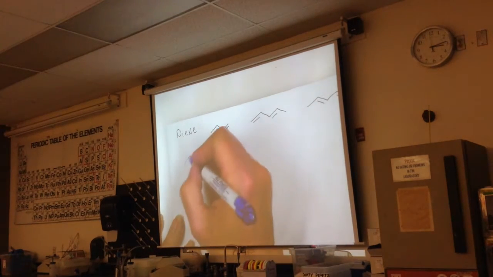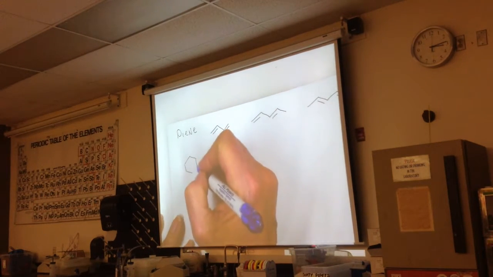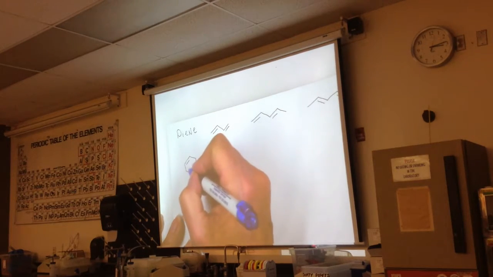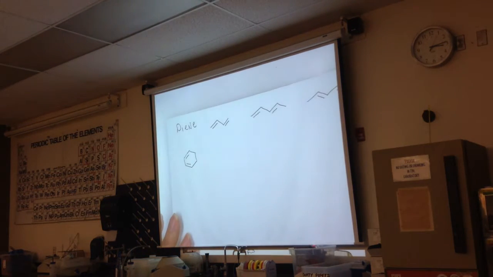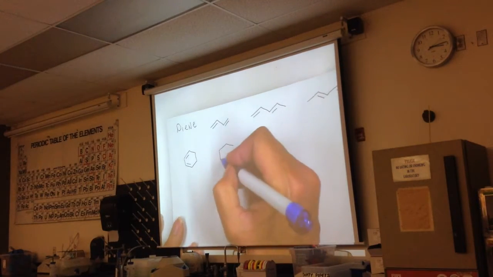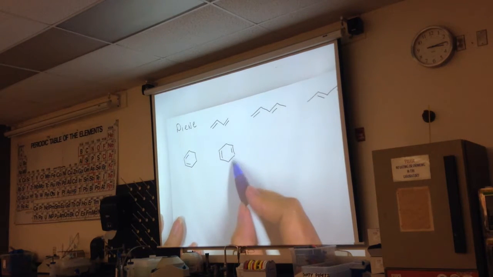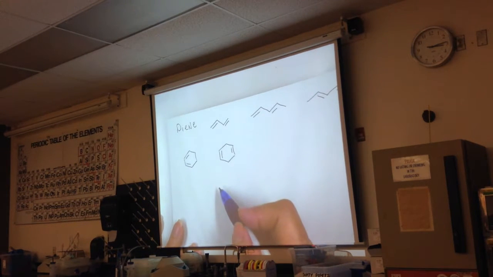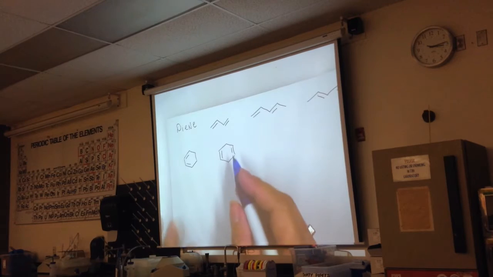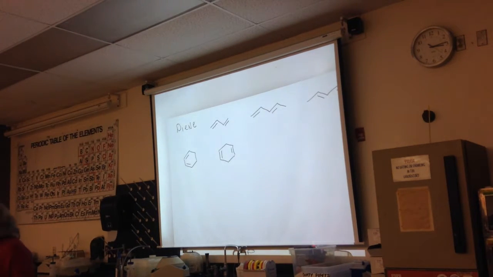If you had it in a ring of 6, you also can have your conjugated diene, but it has to be double, single, double. If it is like this, and you have double, single, single, double, that's not a conjugated diene. This is a diene, but it's isolated, so this doesn't fall under the conjugated diene. It's a conjugated triene.